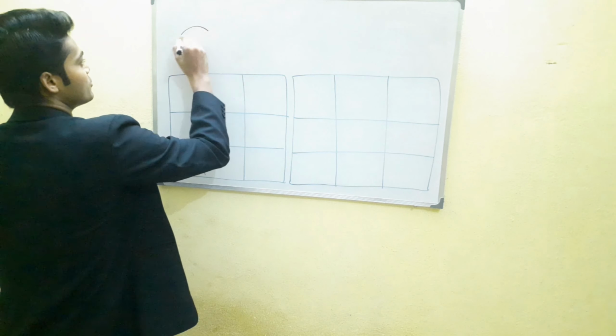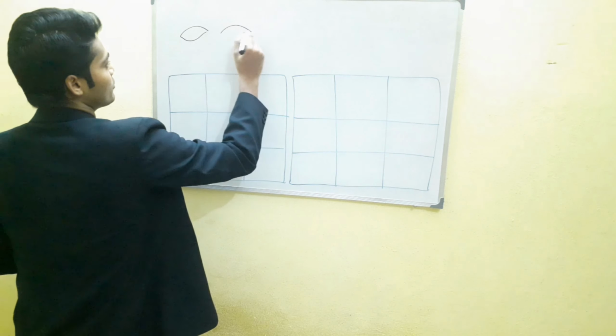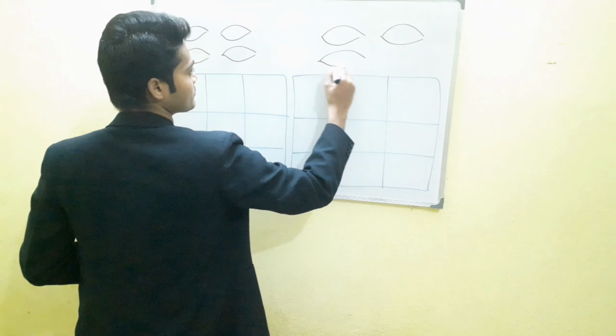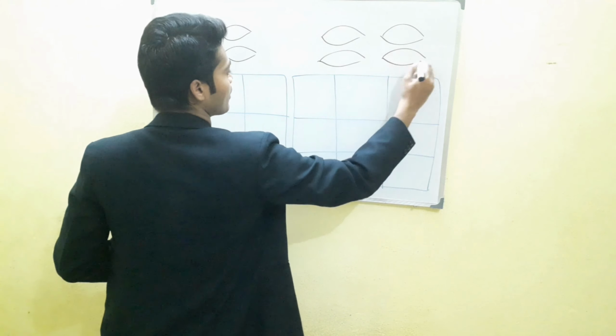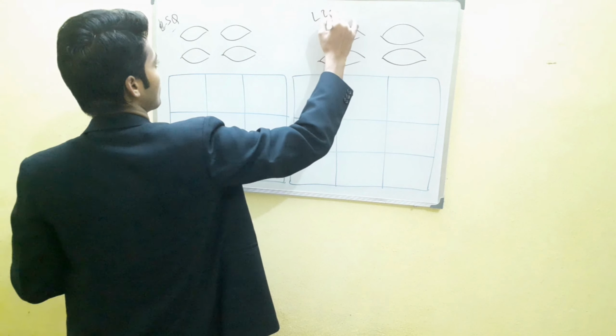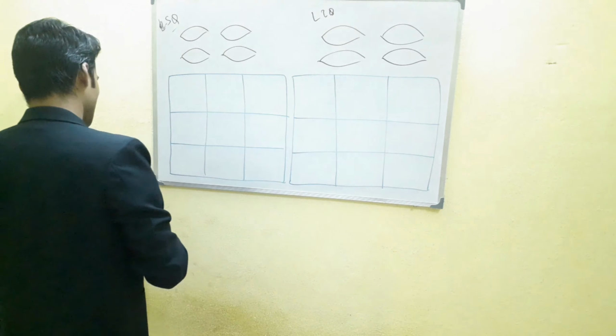So here we draw again a beautiful eye. This is an eye, this is an eye. And again, if the right superior oblique and left inferior oblique is getting affected, what will happen?